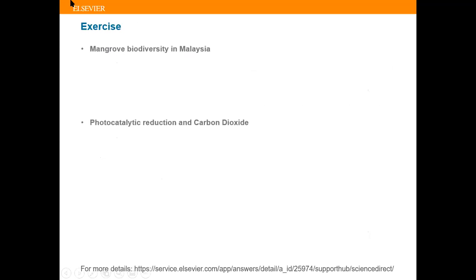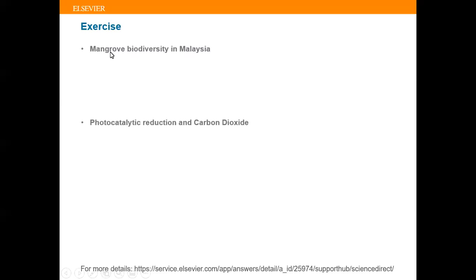Next is a short exercise section for you. Okay, so I have set two different questions. You can try to search these using ScienceDirect and jot down how many results you find.